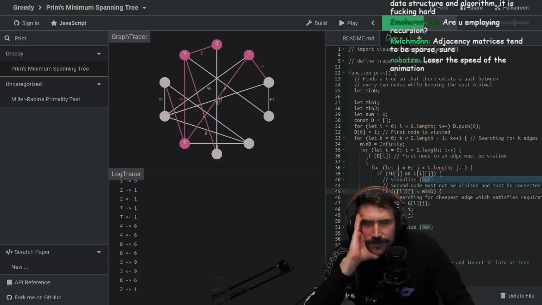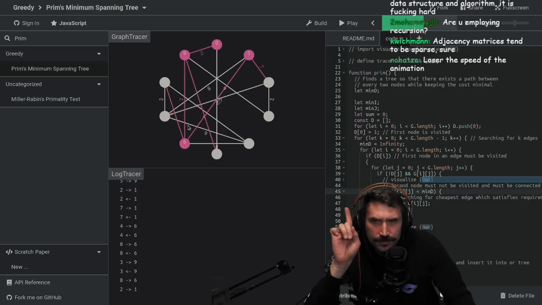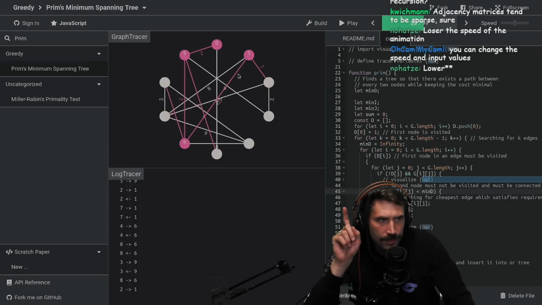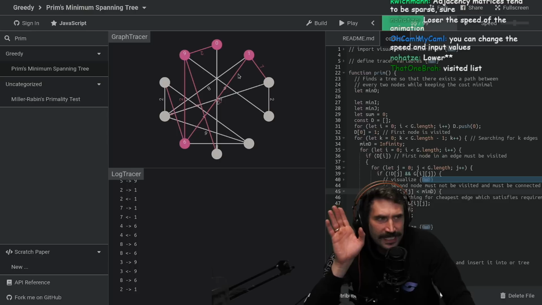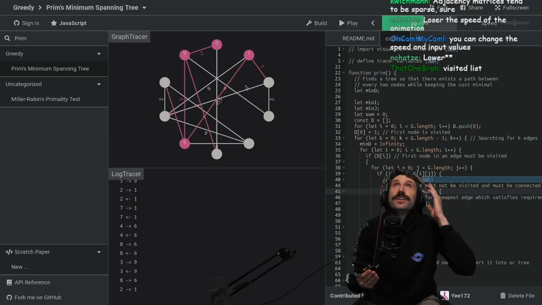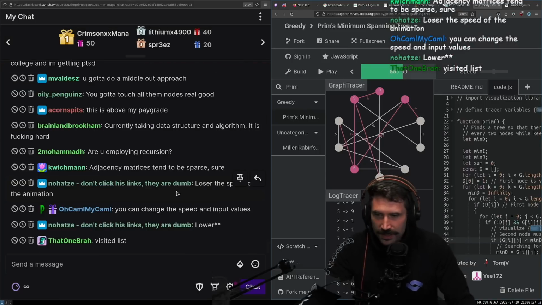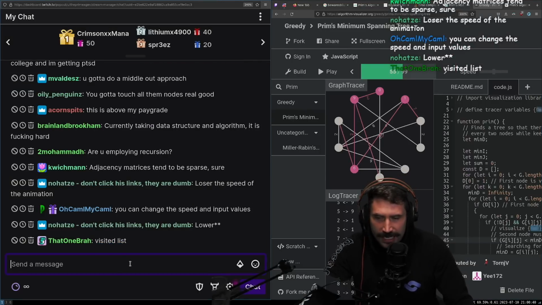Okay, so I guess my follow-up question is, I feel like this thing's kind of skipping something, because how does it know not to check this edge? All right, because it kind of skipped a visited list. Okay, I know, but that visited list costs, right? Is it a visited list, or is there just an item on that edge?